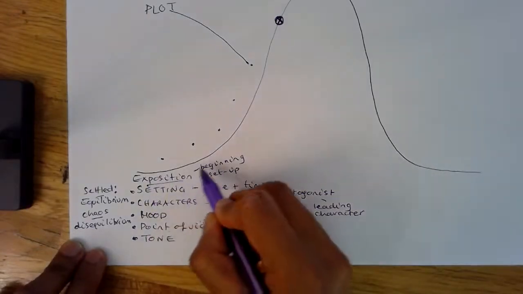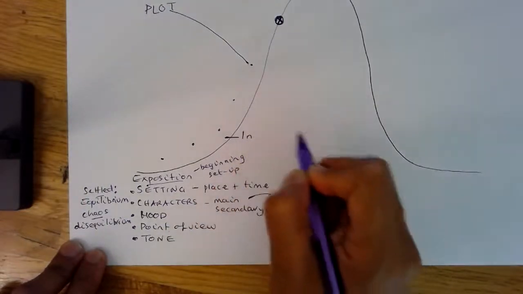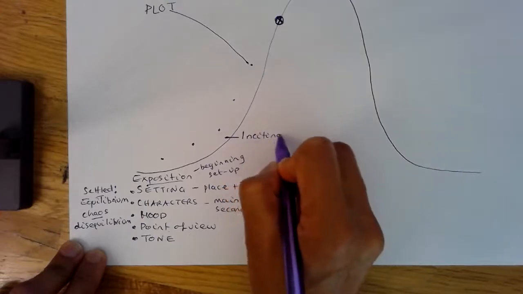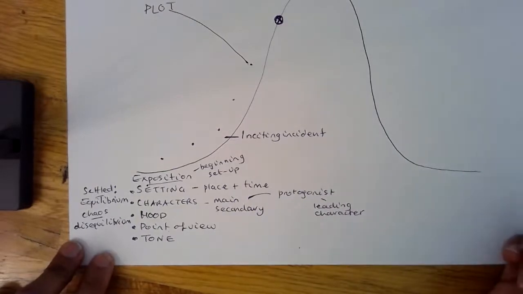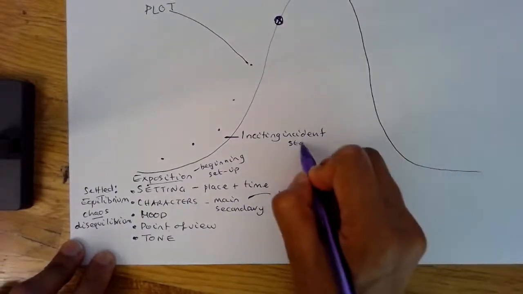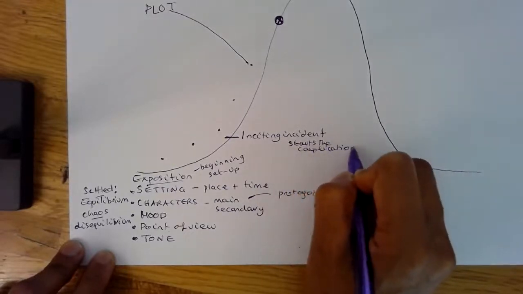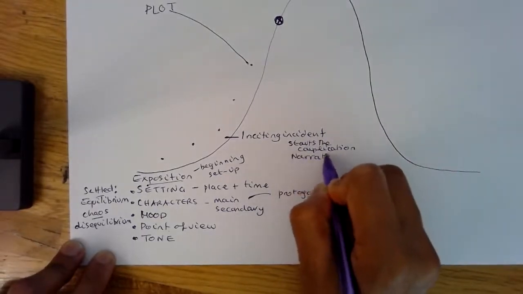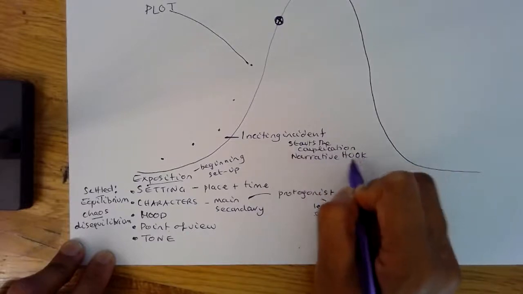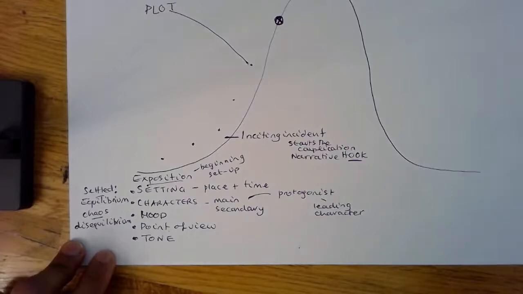As we move along this pyramid, we have an inciting incident. Something that starts the complication. This is also called the narrative hook, as it hooks the reader in and you want to continue reading.